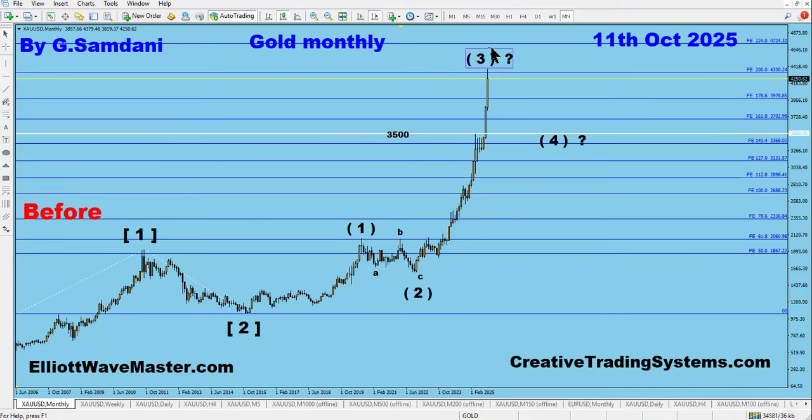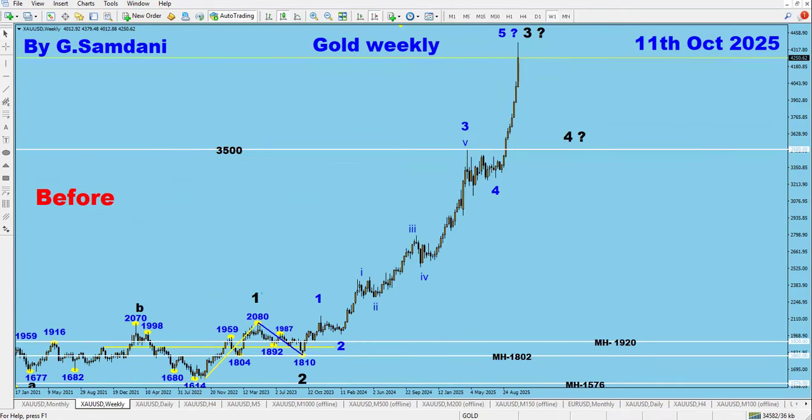Every time I say that it's finished and now it's probably going to drop for wave 4, we go up again, right? So over the weekend, I don't know if anything happened that can take this thing to the downside a little bit. On our weekly chart for this wave 3, if we try to see the inner or sub waves, it would be this. This is like wave 1, 2, 1, 2, 3, 4, 5, wave 3, 4, and then wave 5.